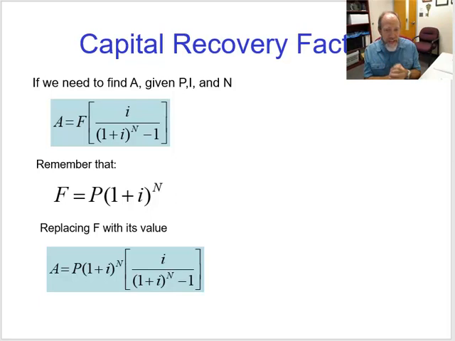If you substitute that in, now you've got the series in terms of the present value. So we can look at the series, the present value, and the future value, and you've got a way to calculate all three of them, remembering that the two variables you deal with are the interest rate and the number of periods.